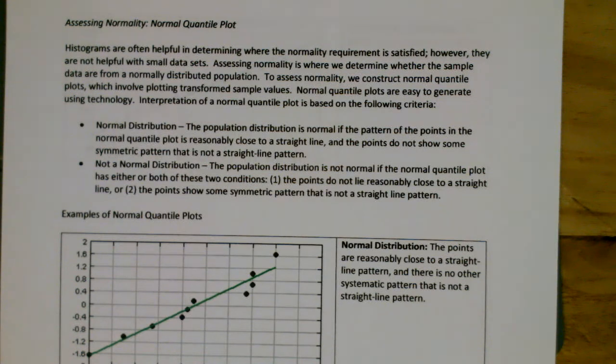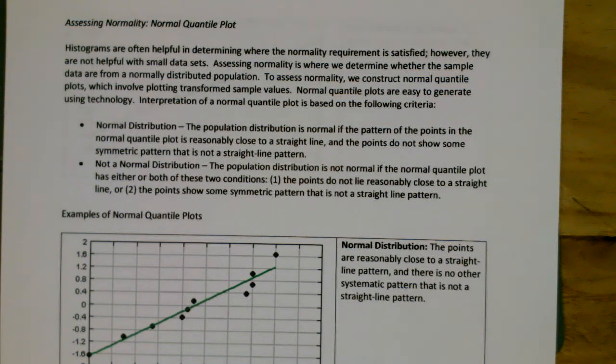An interpretation of the normal quantile plot is based on the following criteria: whether it's a normal distribution or not. If it's a normal distribution, that means the population distribution is normal if the pattern of the points in the normal quantile plot is reasonably close to the straight line, and the points do not show some systematic pattern that is not a straight line pattern.